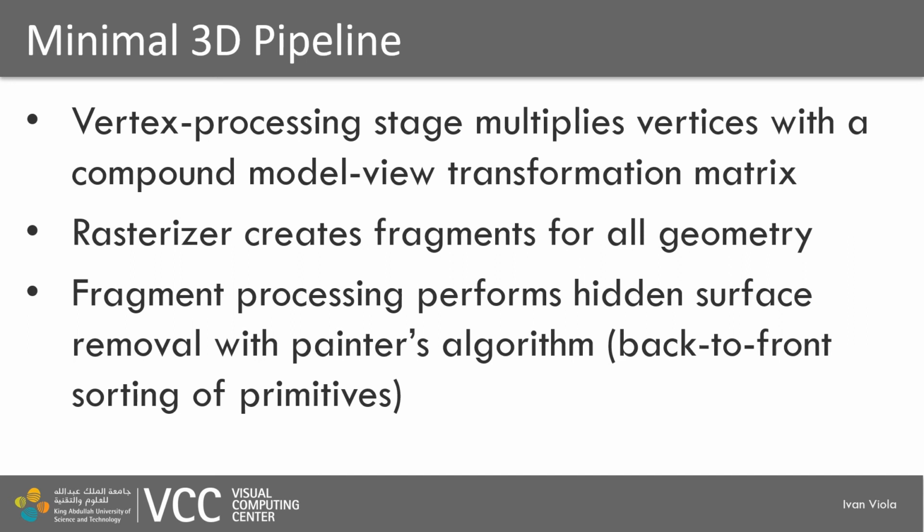The painter's algorithm operates on the primitives level, not on the fragment level. So a painter's algorithm would evaluate whether one triangle should be drawn over another triangle because it is closer to the viewpoint.